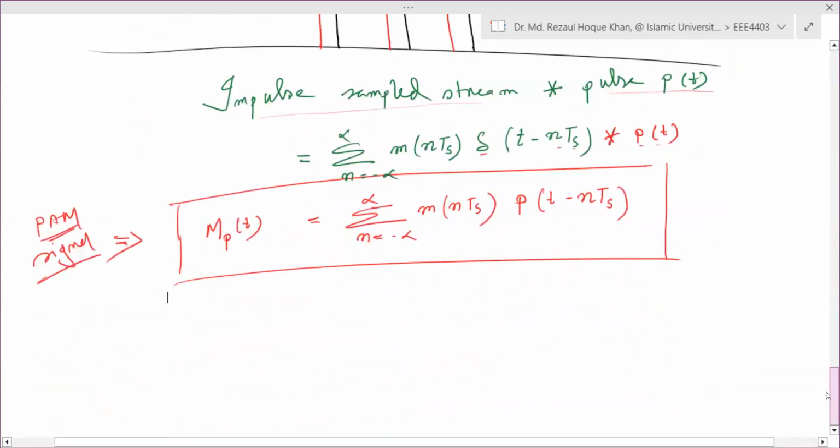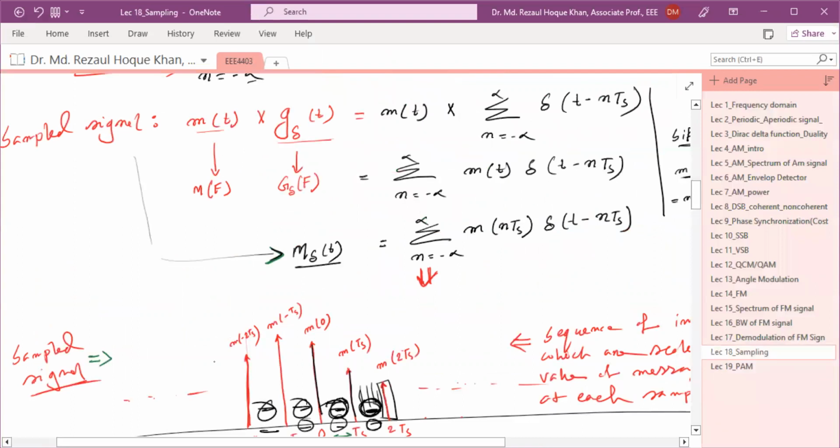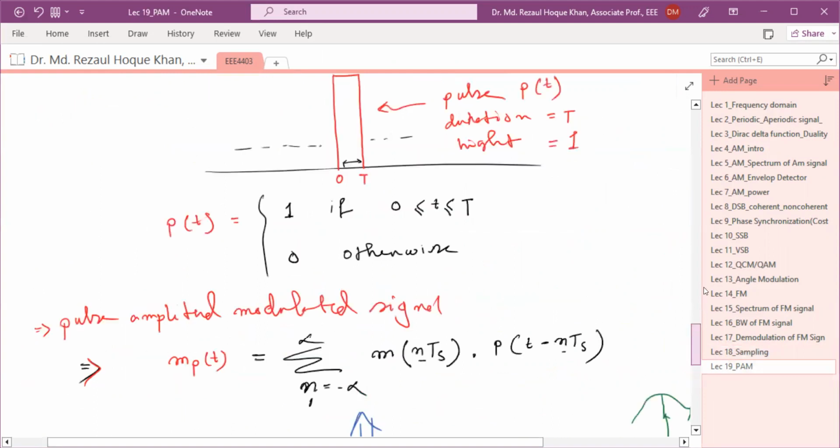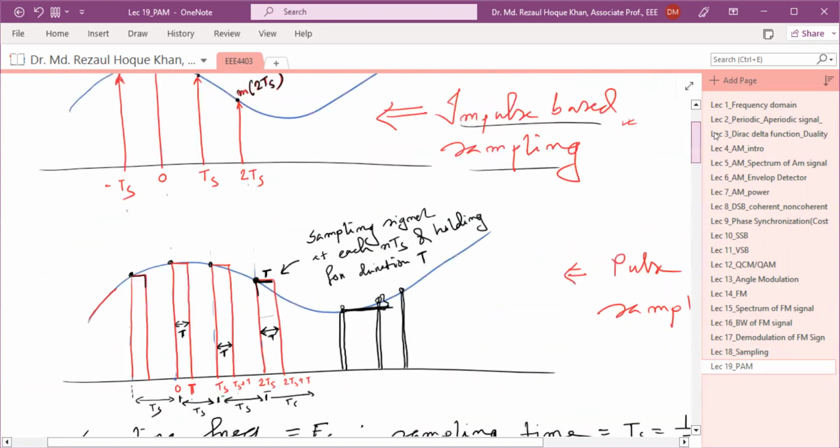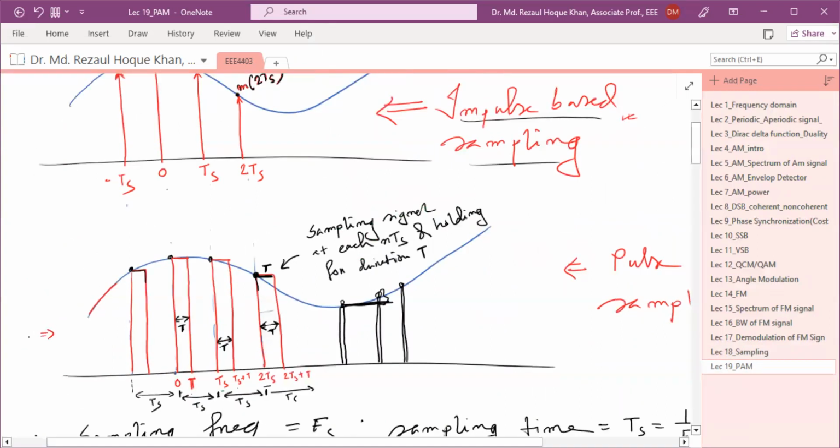Now, what we have seen is that in ideal sampling, we have a stream of impulses, which is very impractical. So instead of that, we took pulses of finite duration to modulate the signal, which have a finite amplitude and duration.